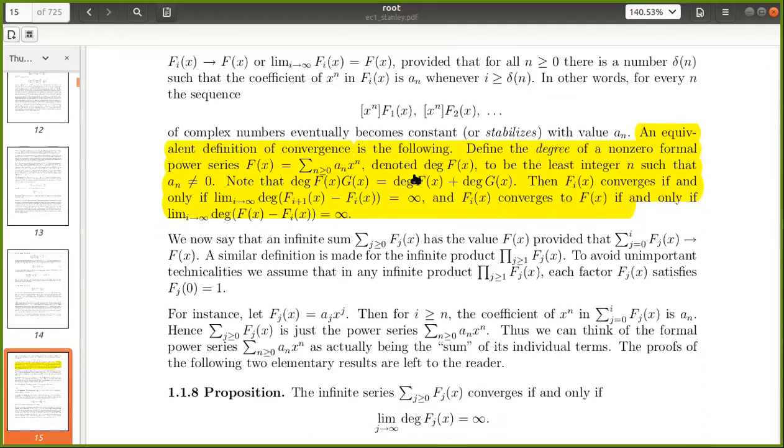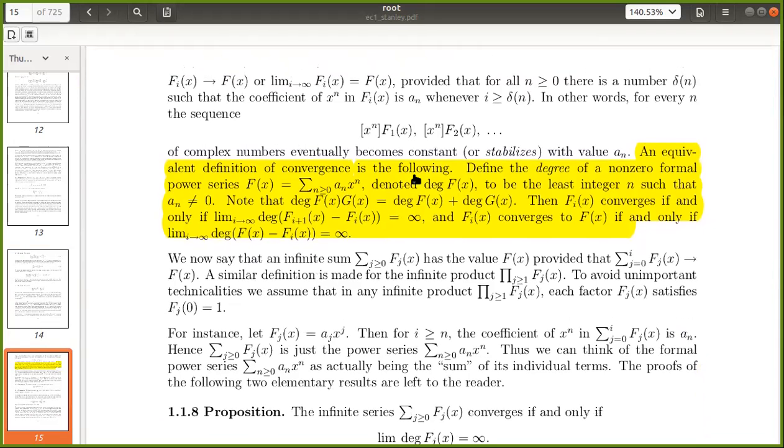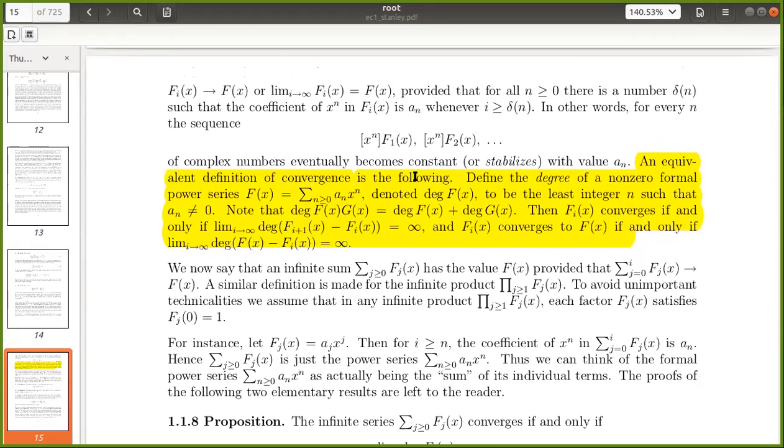Now, something interesting which is new in this book is that if you talk about convergence in the sense of formal power series, the convergence is defined in terms of a concept called the degree of a non-zero formal power series. So if the formal power series looks like f(x) equals summation n greater than or equal to 0 of a_n x^n, then the degree of f(x) is the least integer n such that a_n is non-zero.